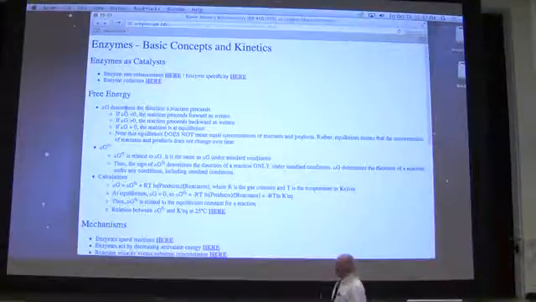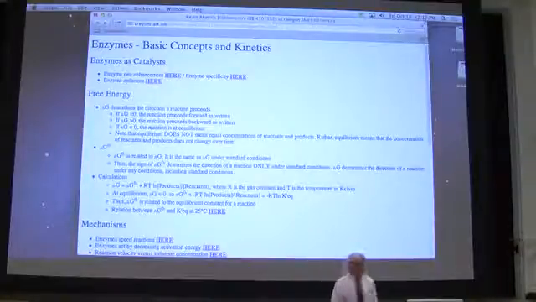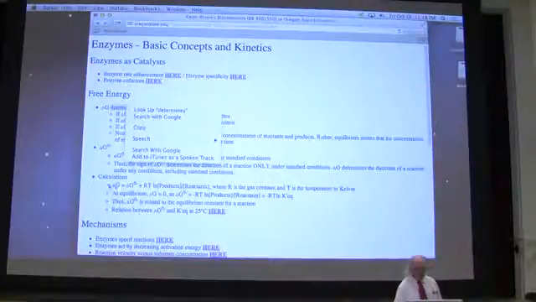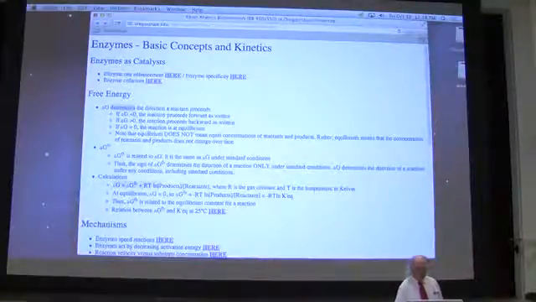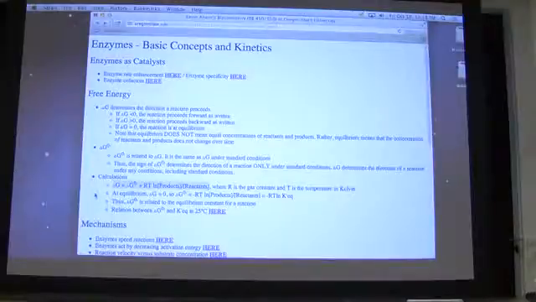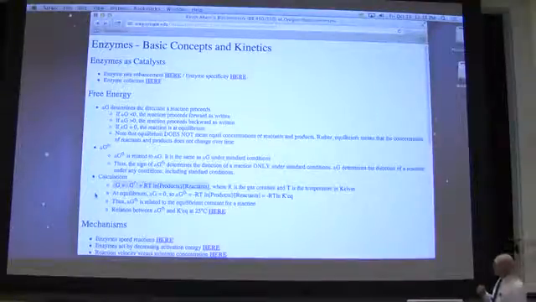Those simple rules allow us to predict the direction of a reaction. If we look at the equation that allows us to calculate the free energy for a reaction, it is right here. You notice in that equation there's another term that looks like delta G, labeled delta G 0 prime. That's a big 0, and that's a prime.